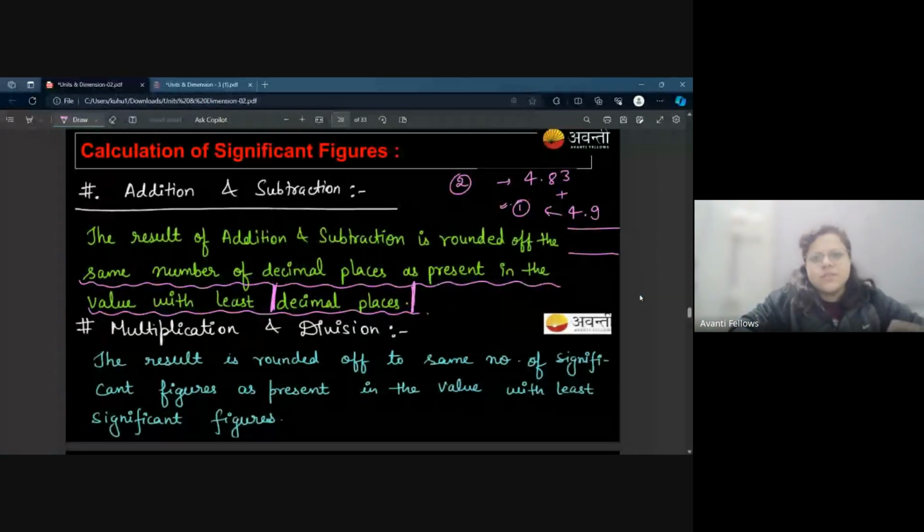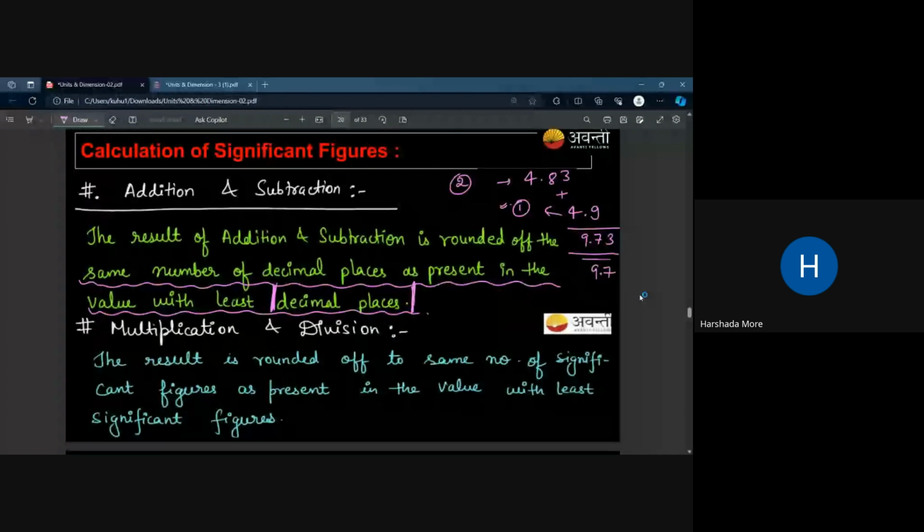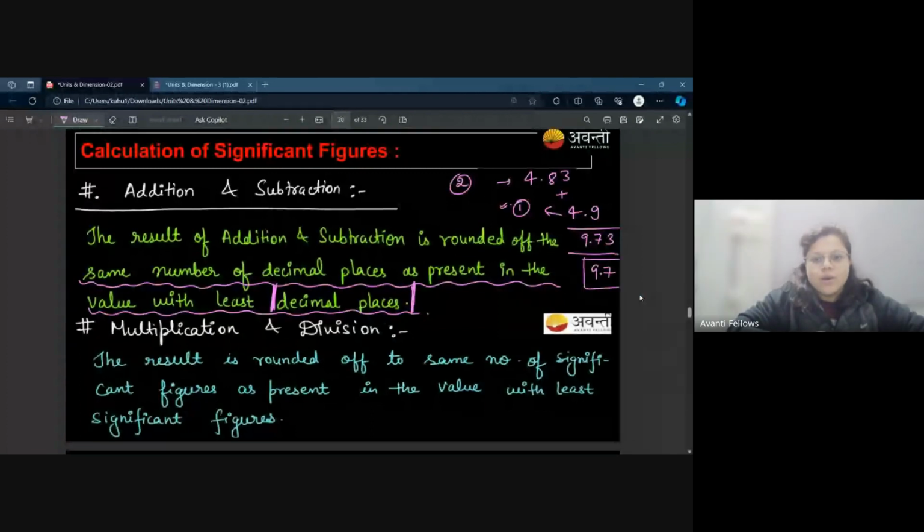First, just perform the basic addition. In this case, it would be 9.73. Write this. Now you have to round it off to one decimal place. So it would be 9.7. Right? Okay?